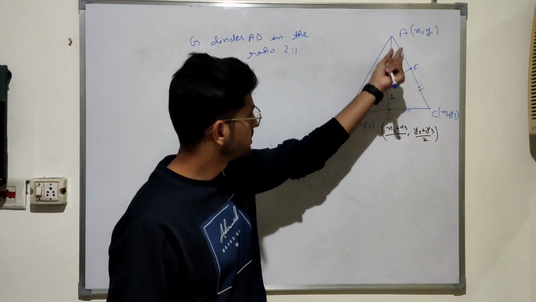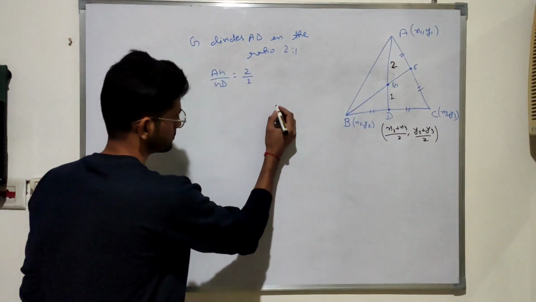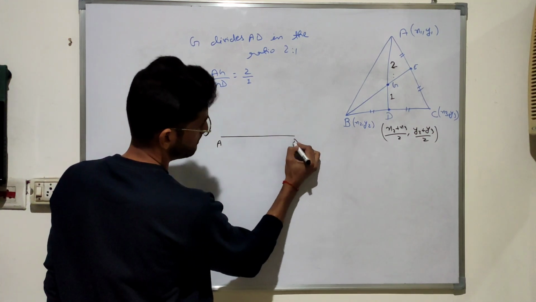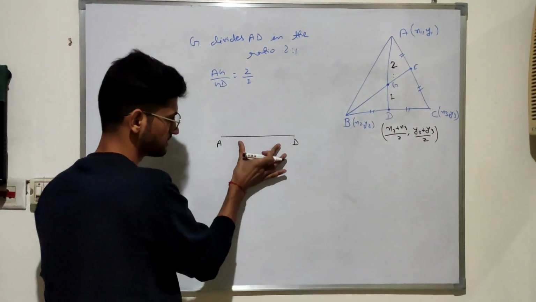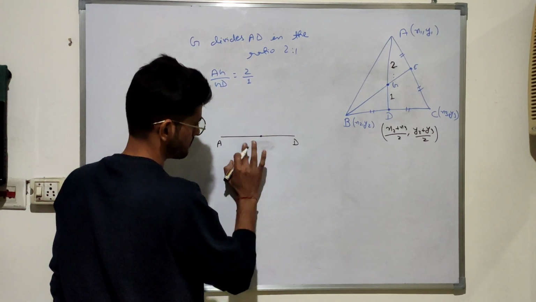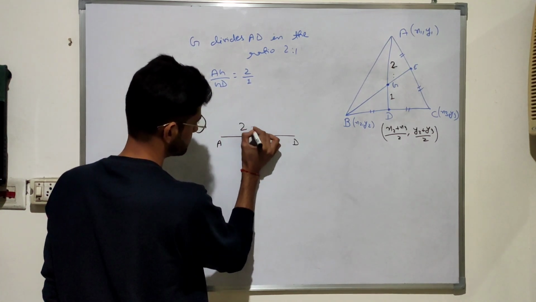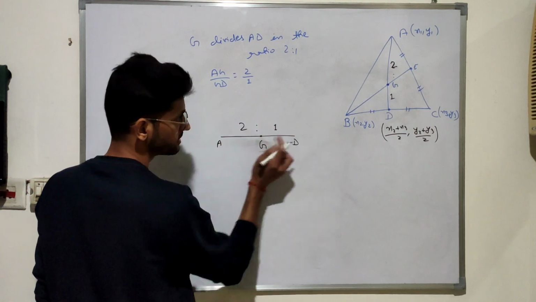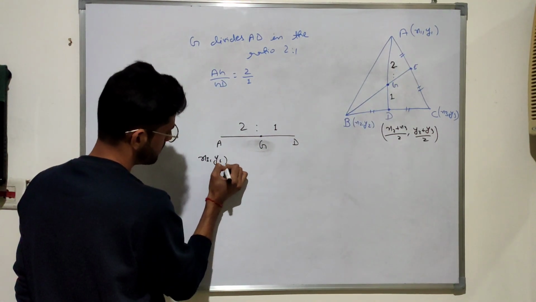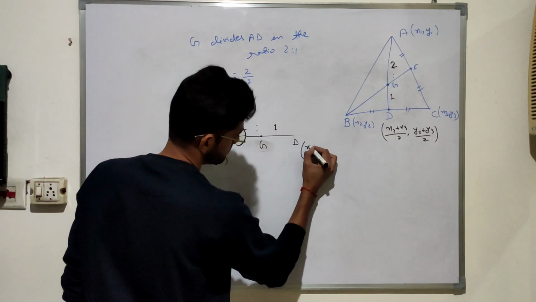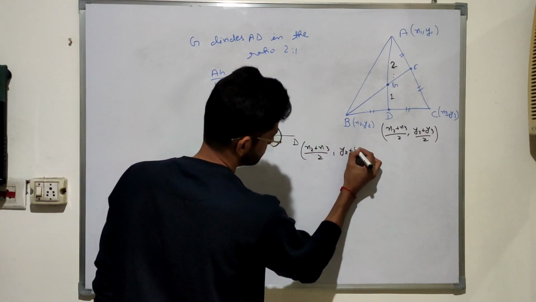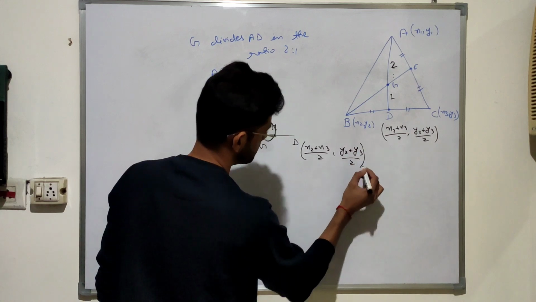So applying the section formula on AD, G divides it in the ratio 2:1, the coordinates of A are x1 comma y1, and the coordinates of D are x2 plus x3 divided by 2, comma y2 plus y3 divided by 2.